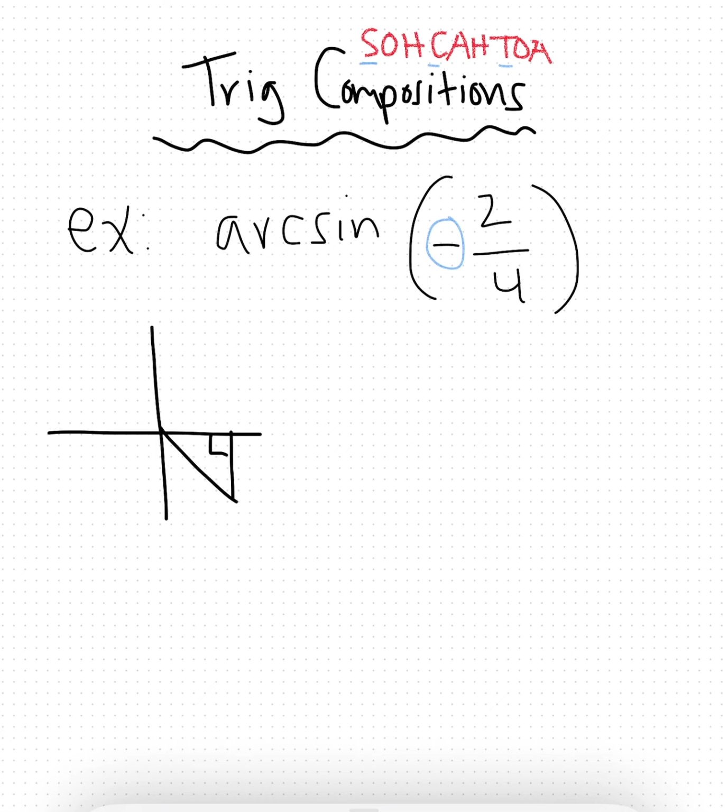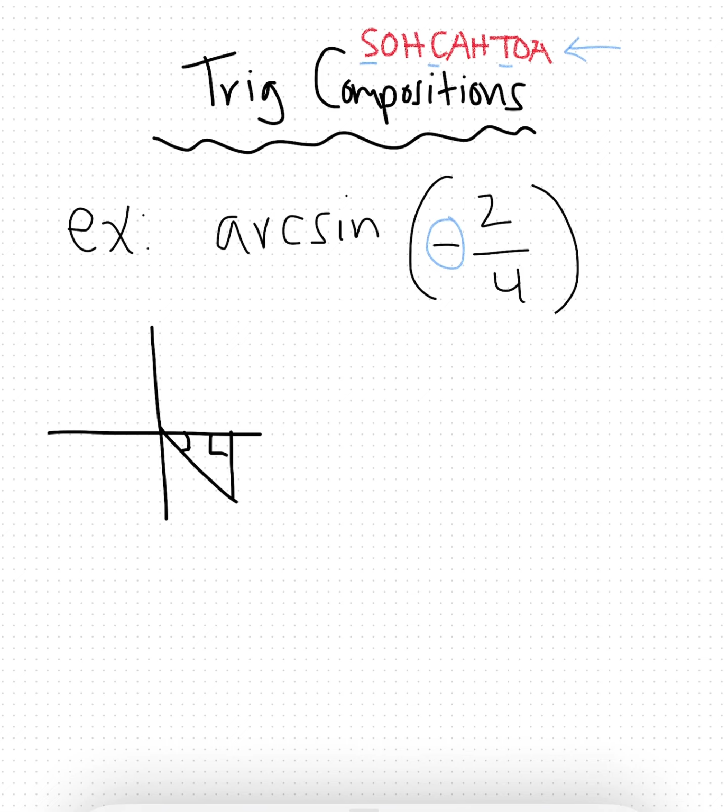And remember, when we're evaluating the inverse of a sine, the angle that we're doing this process to would be this angle closest to the origin. So now let's label the triangle. At the top here, you can see that I put this little reminder for SOHCAHTOA.